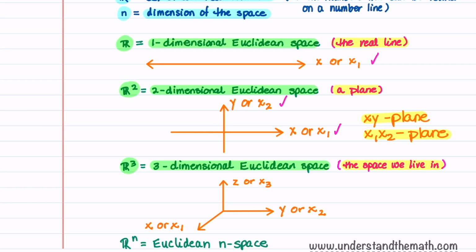We'll label this space with coordinates x or x1, y or x2, and then z or x3. Rn is Euclidean n-space. Euclidean n-space serves as a foundation for analyzing and solving problems in various fields, especially those involving multidimensional systems.